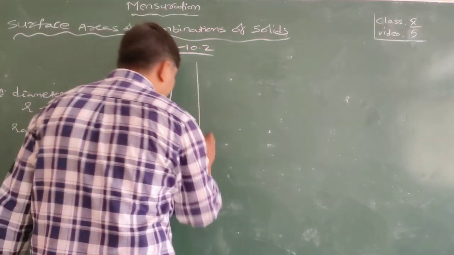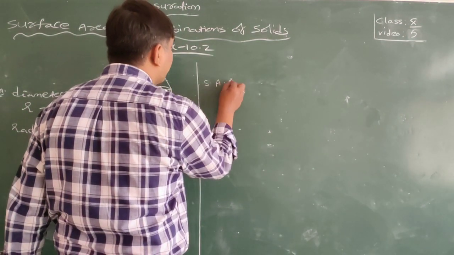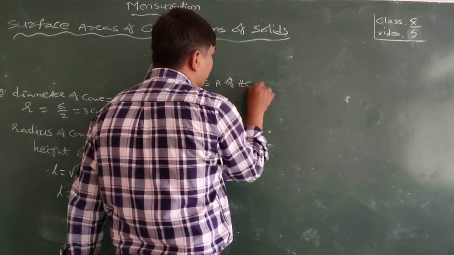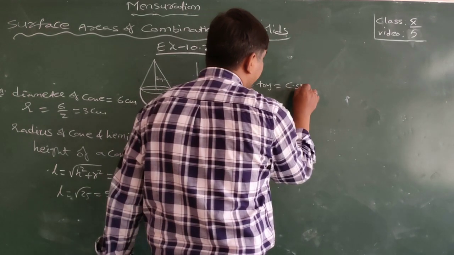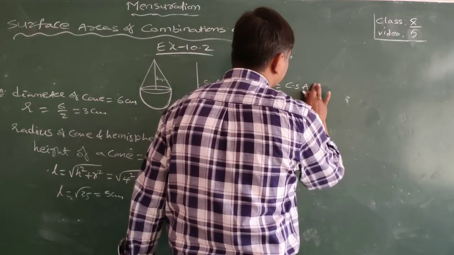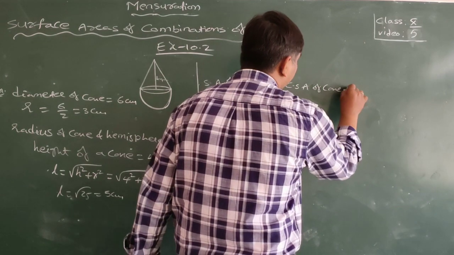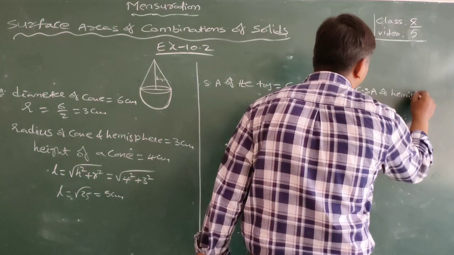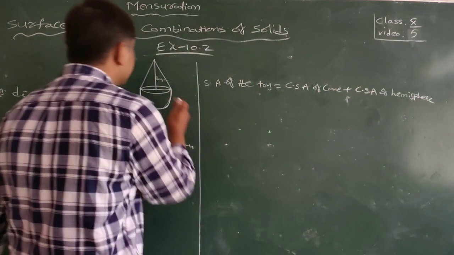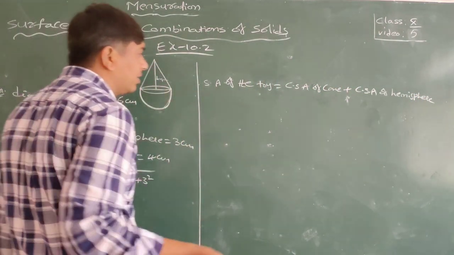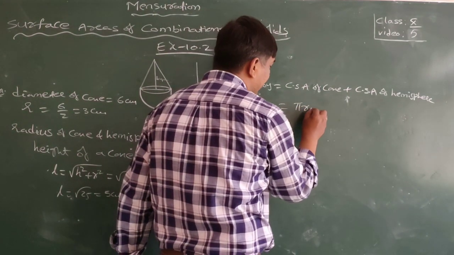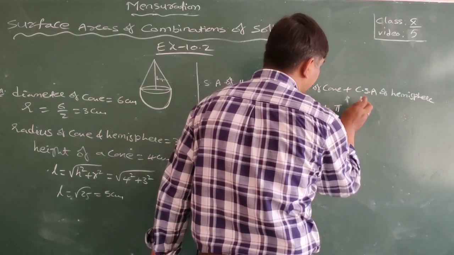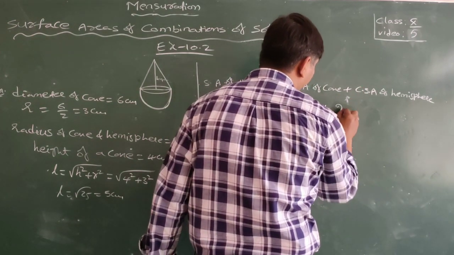Now, the surface area of the toy is equal to the CSA of the cone plus the CSA of the hemisphere. The CSA of the cone is pi r L, plus the CSA of the hemisphere, which is 2 pi r square.